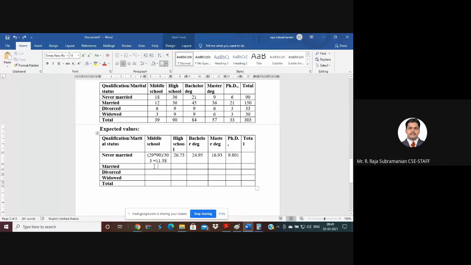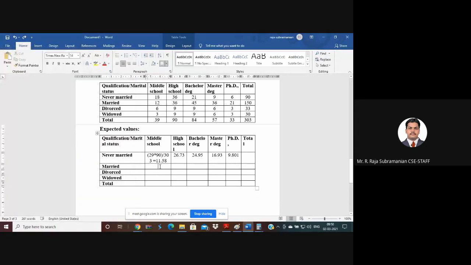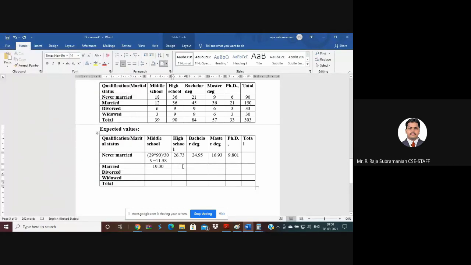So this married will be 39 into 150. 39 into 150 is 5850 divided by 303. That is 19.30. And high school, 90 into 150, 13,500 divided by 303. I'll get 44.55.